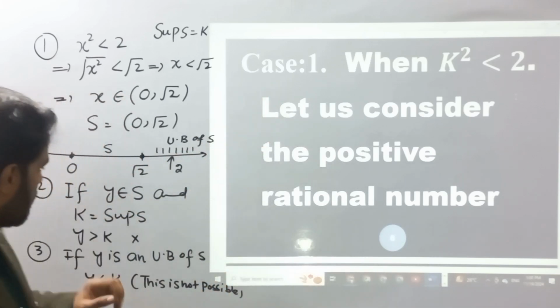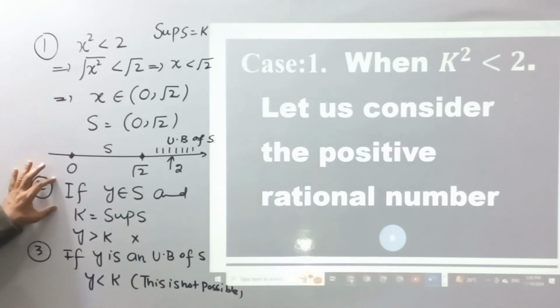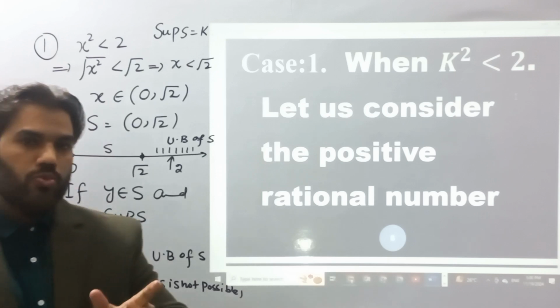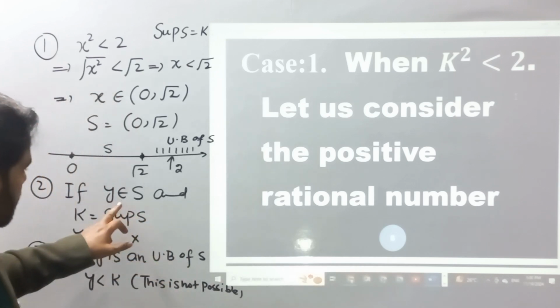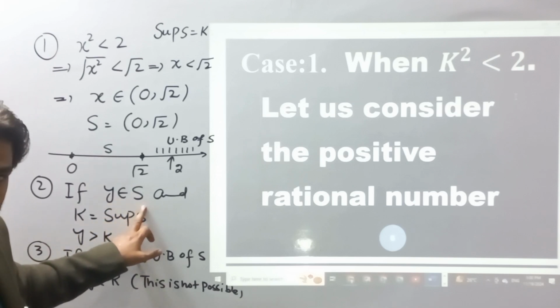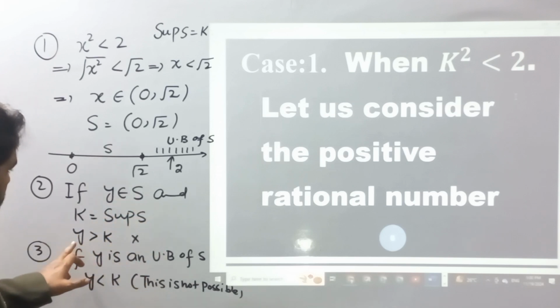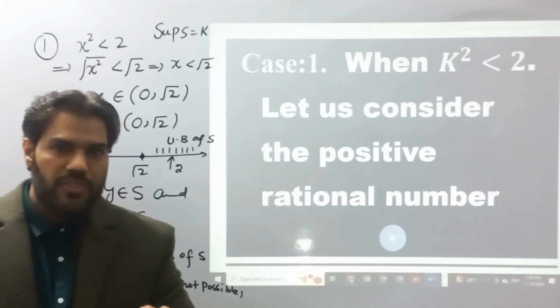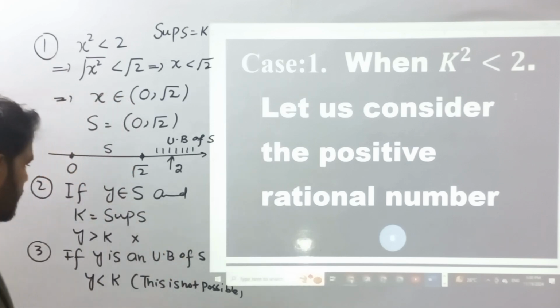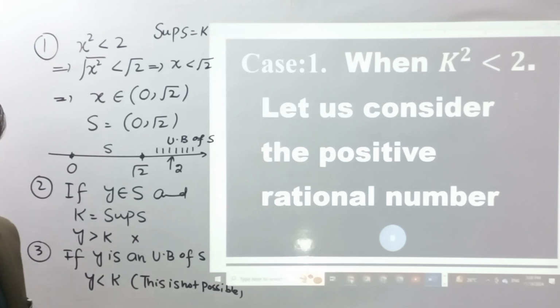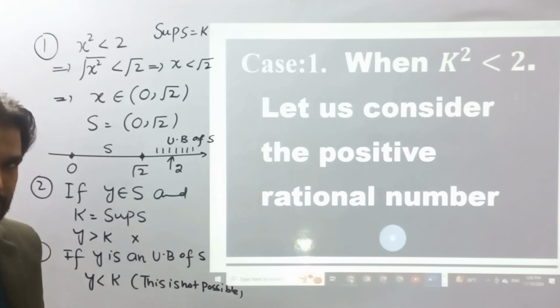I will choose a rational number Y that will be an element of set S. Further, I will show that Y, which is actually an element of set S, is greater than K, the supremum of set S. That leads to a contradiction.